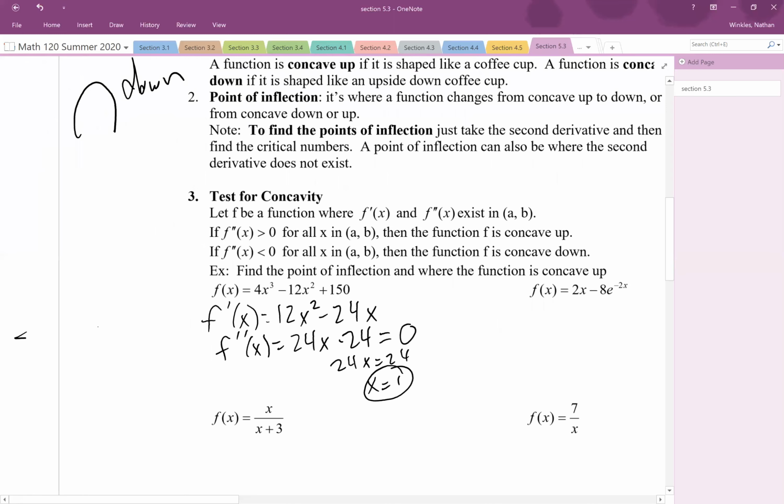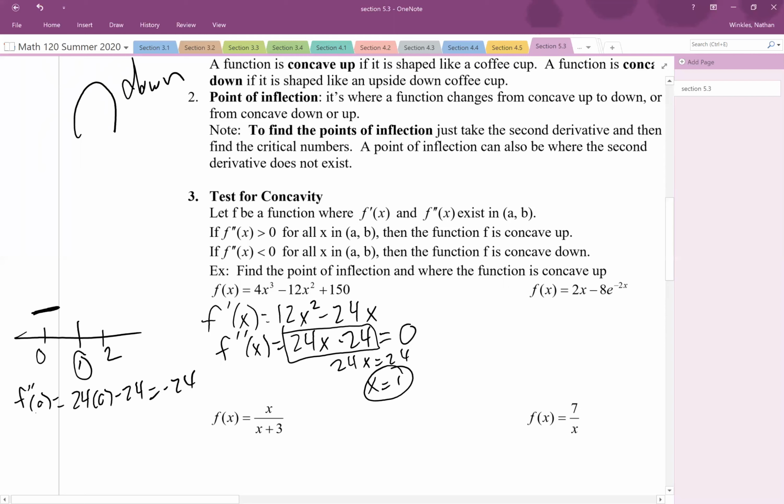So let's come over here. We're going to put 1 on our number line. We're going to test 0 and 2 in the second derivative there. Wherever you get it from normally is where we're going to put it back into. So f double prime of 0 is 24 times 0 minus 24, which is negative 24.